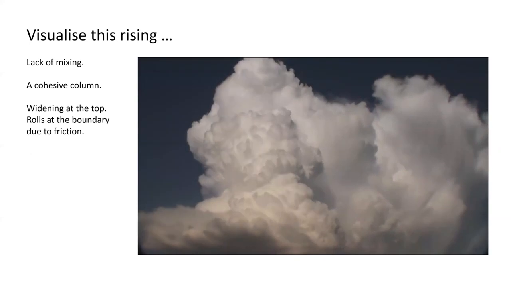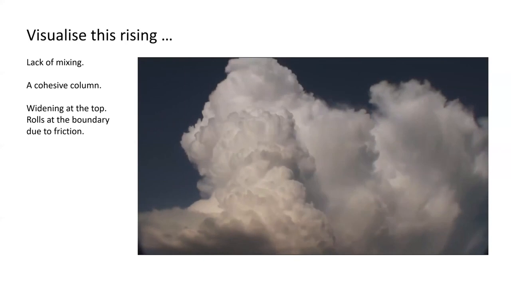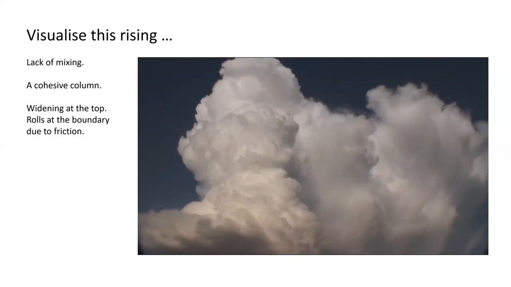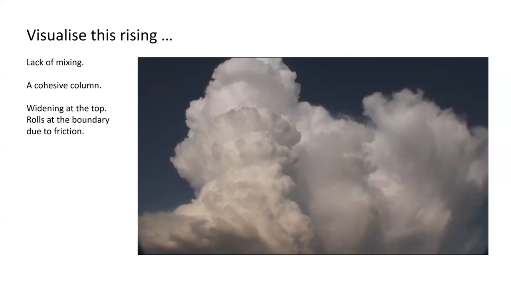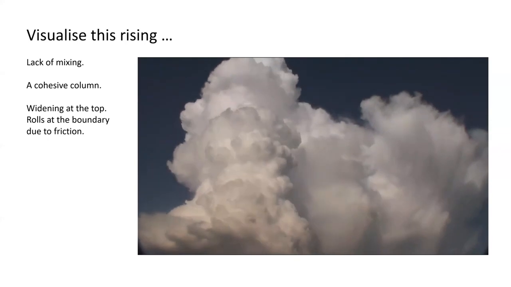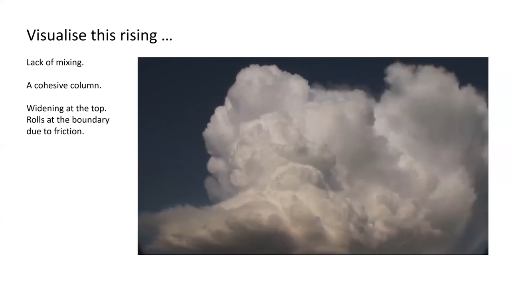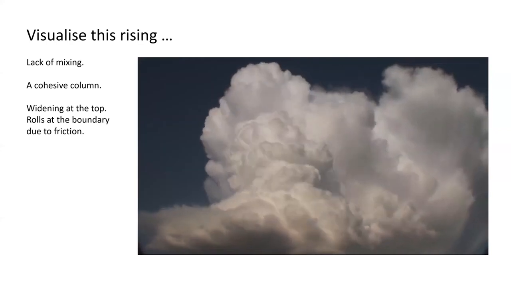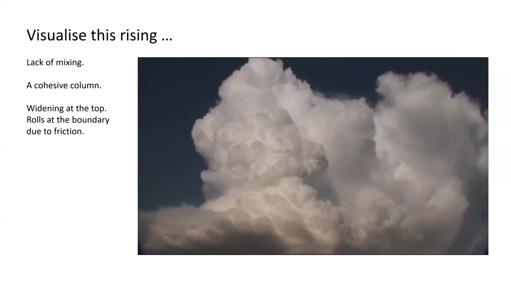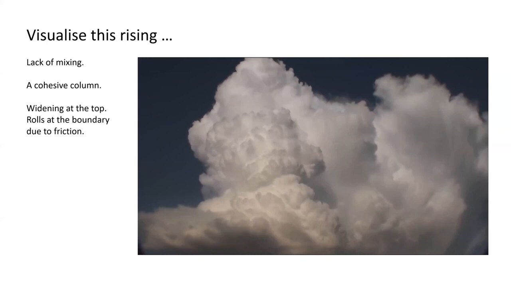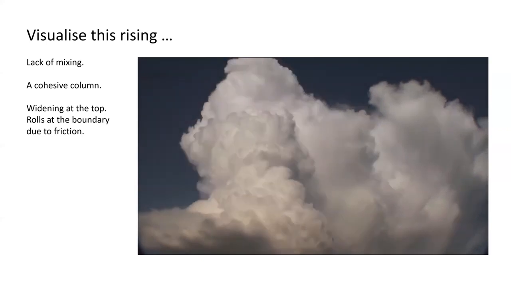We'll have a little bit of backing music. Because of course, what we know is that the air, when it does rise, does so in a cohesive way. And I just want you to bear in mind that this visualization of a thermal, effectively you're looking at a thermal, it just happens to be well animated on the side of a cumulonimbus cloud.